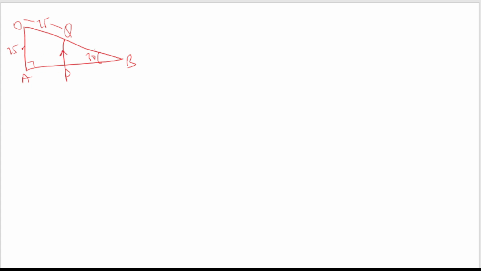PQ is parallel to OA. We have to find AP or PQ. We got OB as 150 centimeters and AB as 75 root 3 centimeters.